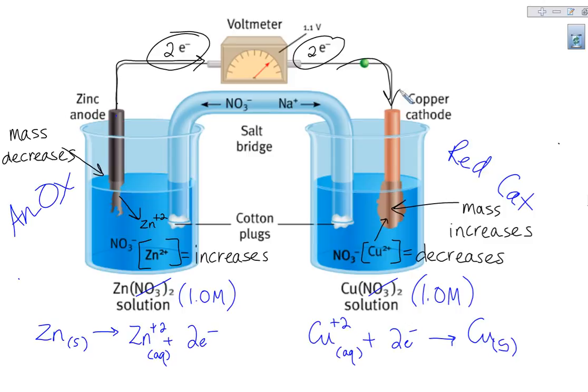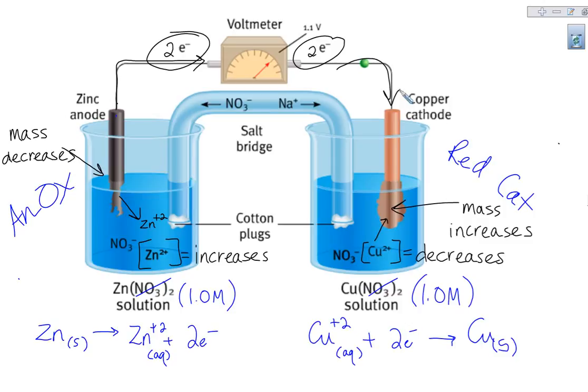Then they're going to flow through my piece of copper metal. And this makes sense. Momentarily this piece of copper metal becomes negatively charged. Those copper plus 2 ions in solution are attracted to that negatively charged piece of copper metal now. They'll pick up 2 electrons per mole and deposit as solid copper.